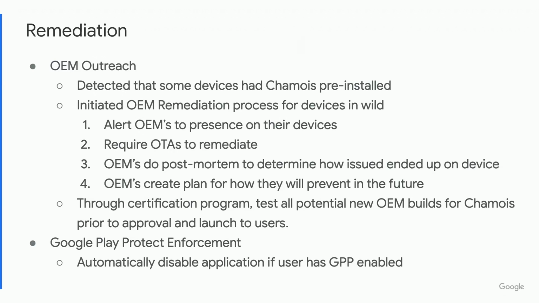I think that's valuable because that's how we know how these OEMs were being tricked, what they were being advertised as what they were including, and just better understanding the threat landscape. And then they also have to create a plan for how to prevent this from happening in the future. So for a lot of them, it's, for example, don't include third-party preloads, different types of additional auditing, things like that.